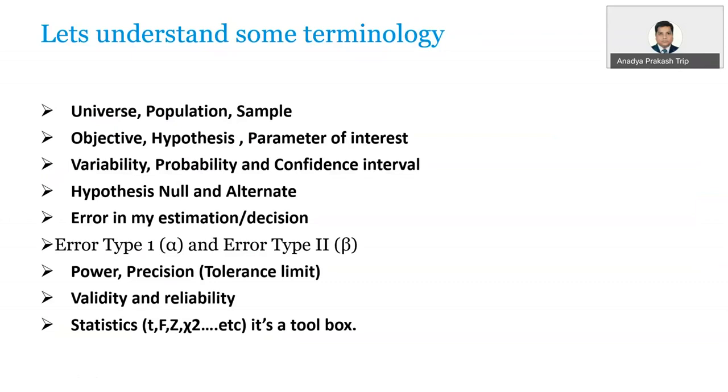Then you will construct a boundary around your estimate: if my estimate is X, then maybe plus or minus some units from X is the interval, and I am sure that any person who does the experiment will fall in this boundary. How sure? 90%, 95%, 100%. That will be your confidence interval.